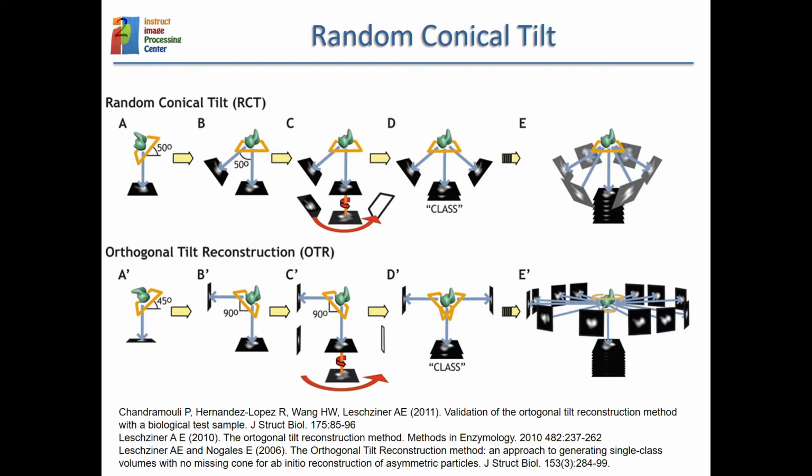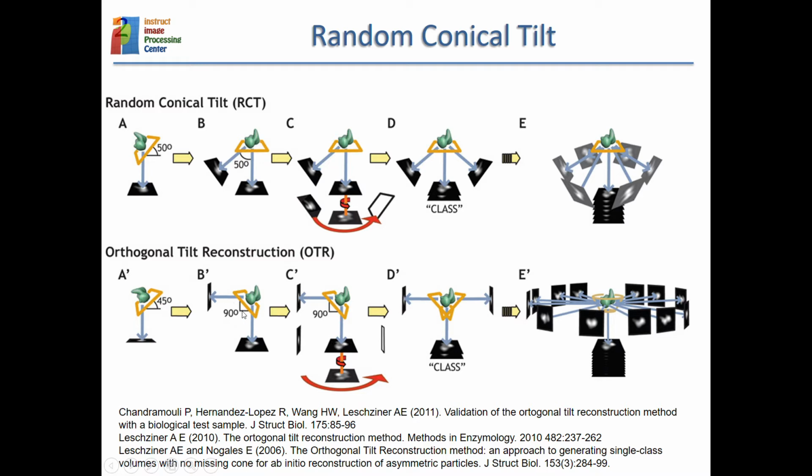Then, in random conical tilt, by knowing the relative angle between the two micrographs, it allows you to automatically reconstruct an initial volume. It has a problem, that is, it has a missing wedge. This missing wedge can be alleviated or completely removed if, instead of taking an image at 0 and then 50 degrees, you take an image at 45 degrees and another at minus 45 degrees.